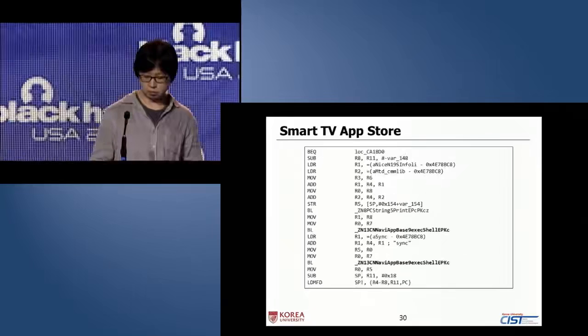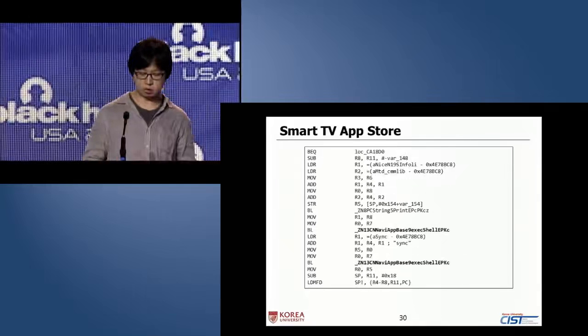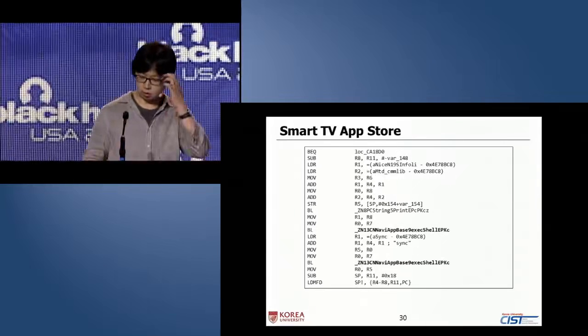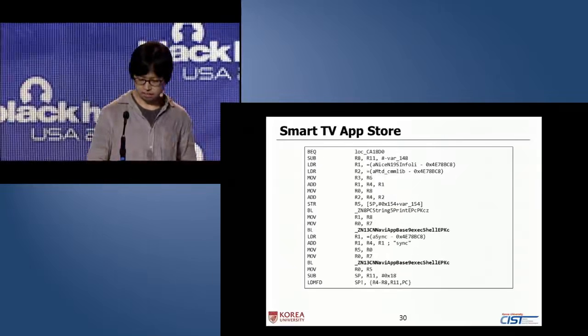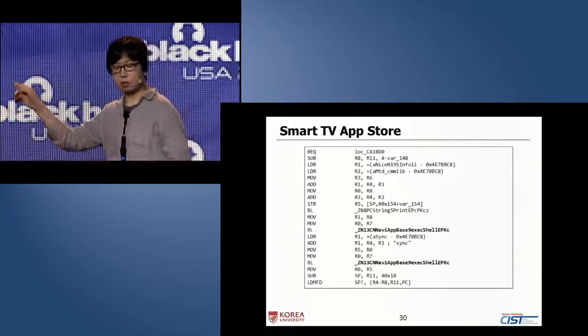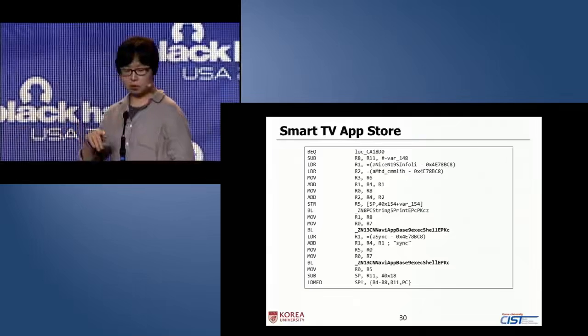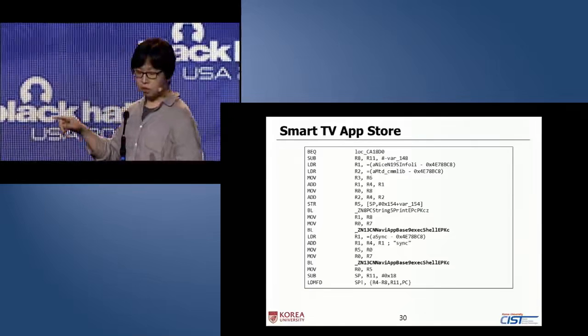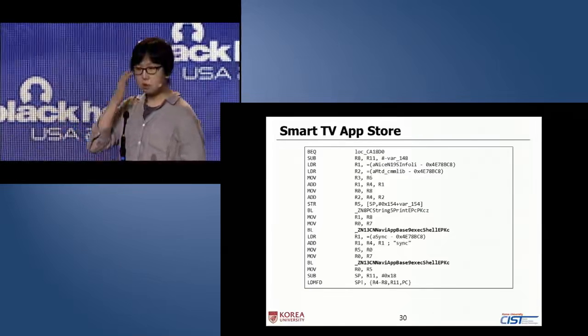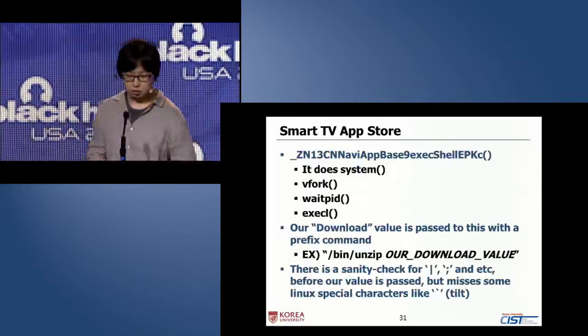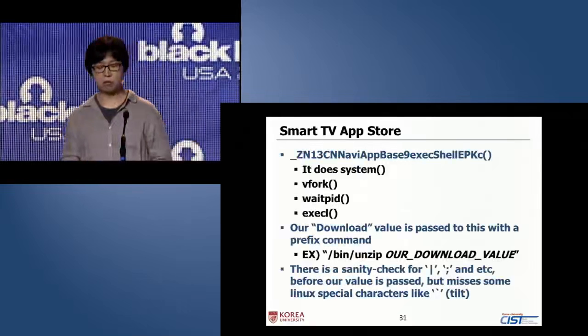So this is ARM code. I have like 100 slides, so I'll go on. You see the function BL ZN13C Navi app base exe shell. This is basically a wrapper function for the system function.